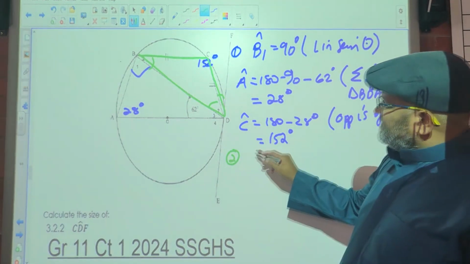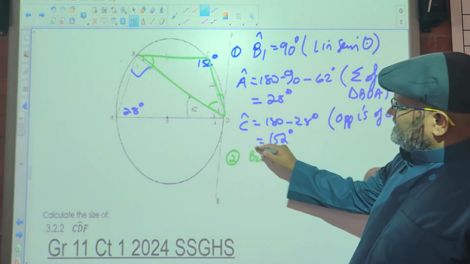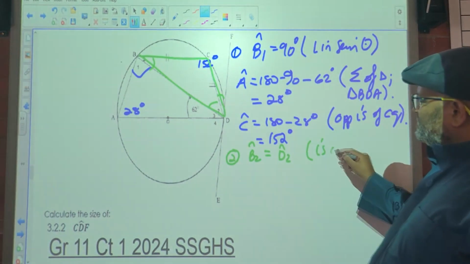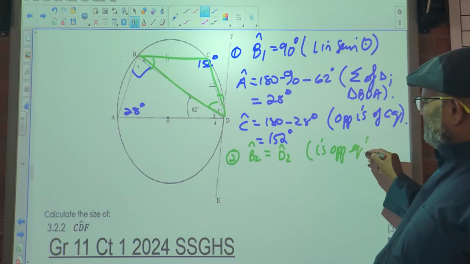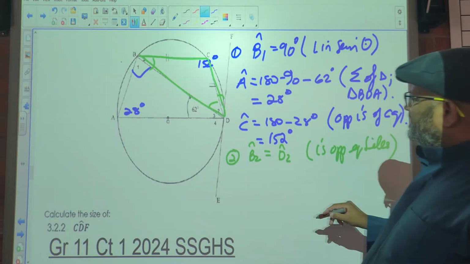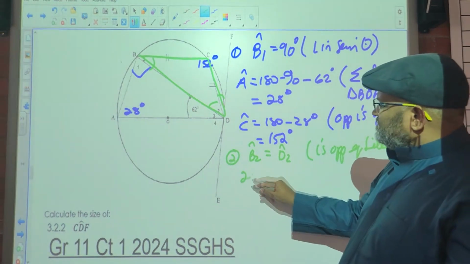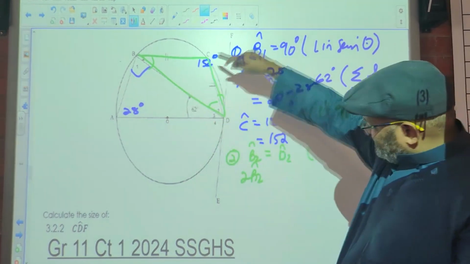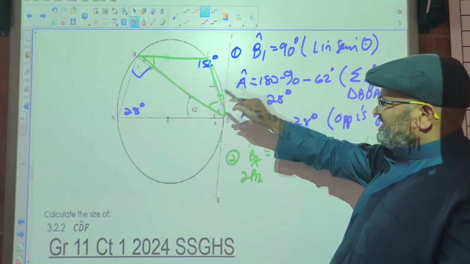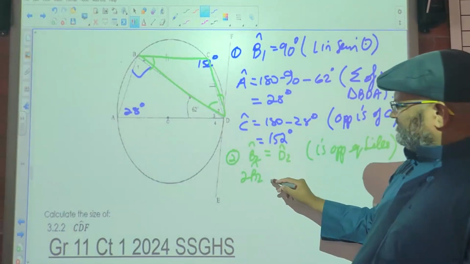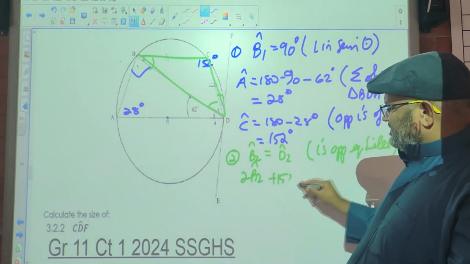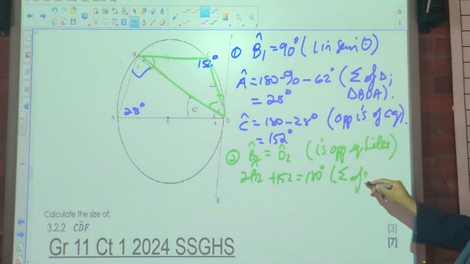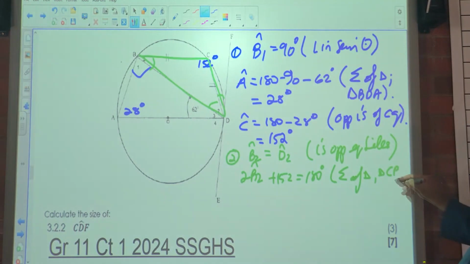Where do we start? We say firstly that B2 is equal to D2. Why? Angles opposite equal sides. Then B2 plus D2 plus 152 equals 180. Why? Sum of angles of a triangle, and this is triangle CBD.